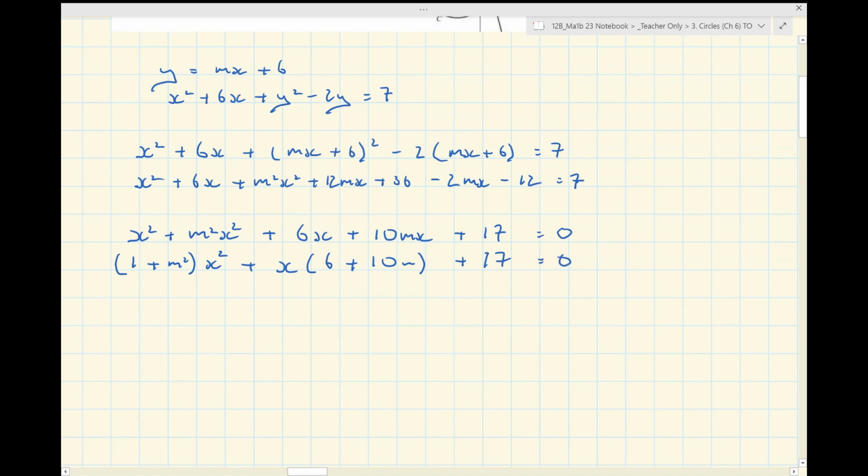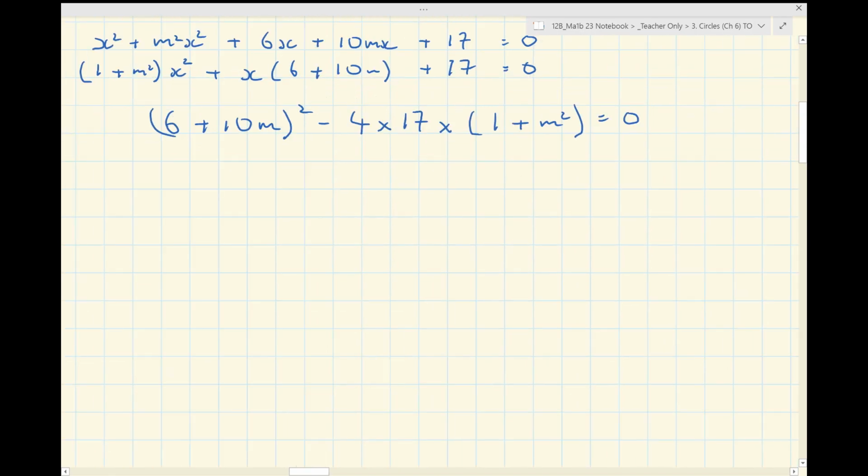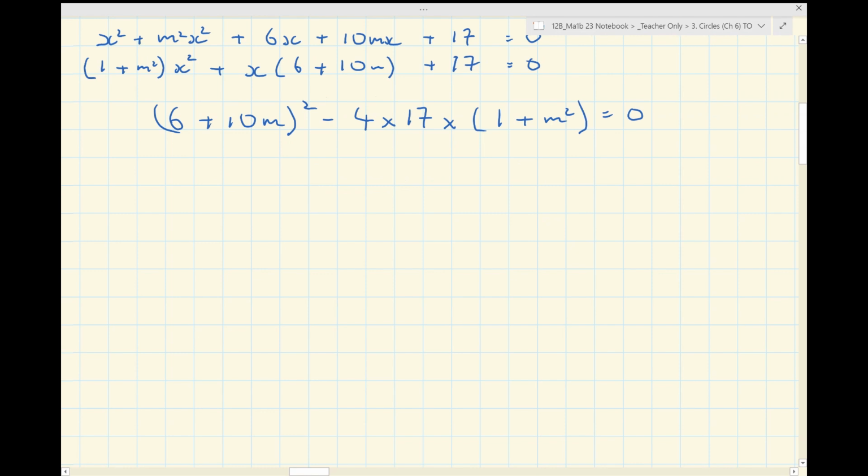Now I know the discriminant must equal 0 because there's only one solution. So b squared minus 4 times a times c. 4 times c times a. And I know that that should equal 0 because there's only one solution.